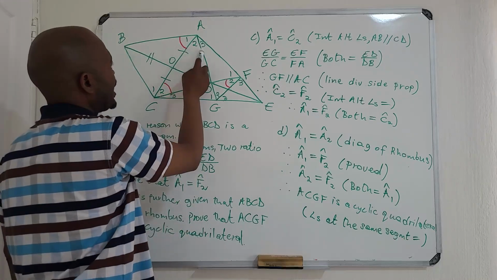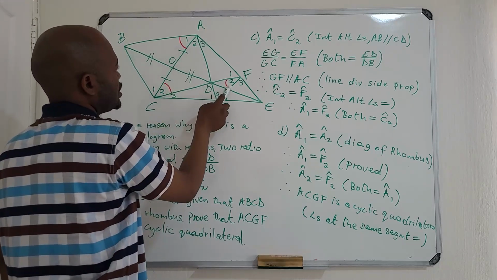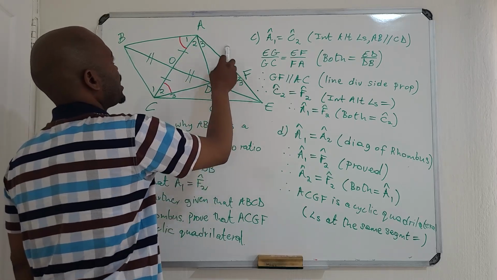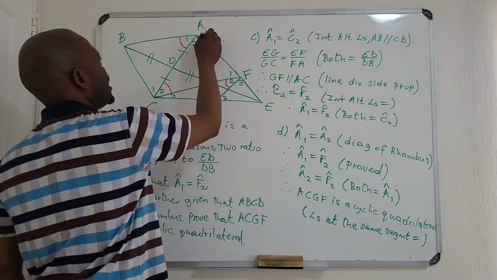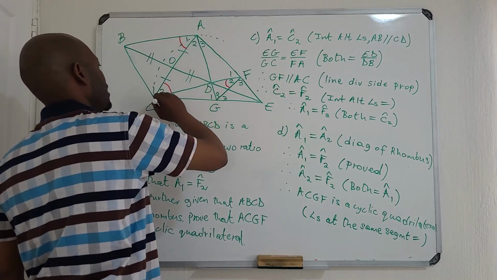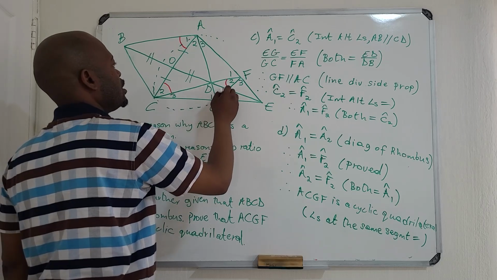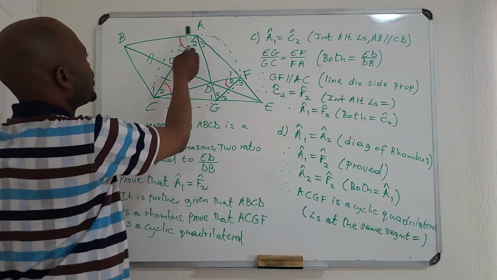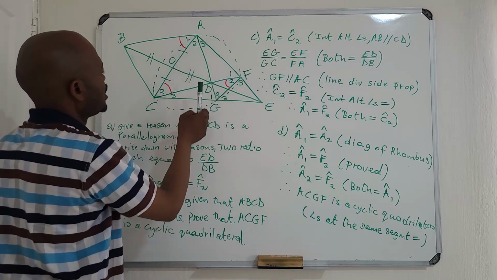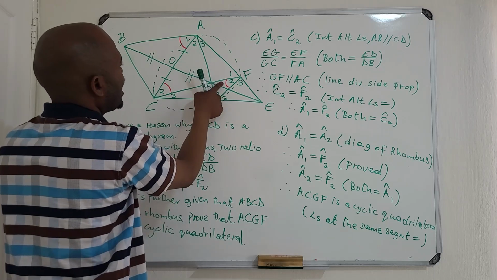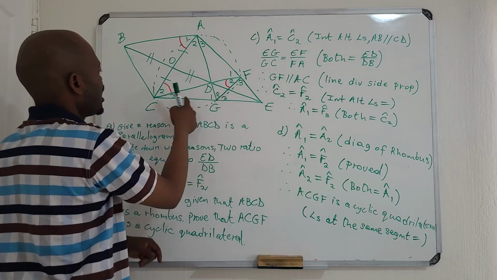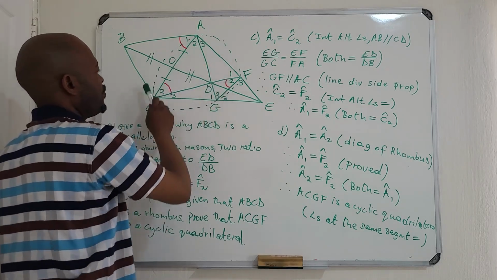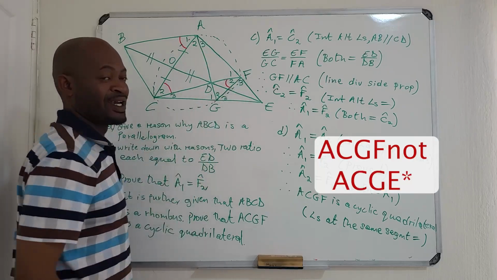Since angles at the same segment are equal, it means that this is a cyclic quadrilateral. It means that I can have an imaginary circle that passes through those points to make this a cyclic quad, showing that these two are angles at the same segment which are subtended by the same chord or by the same arc. Therefore, ACGF is a cyclic quadrilateral.